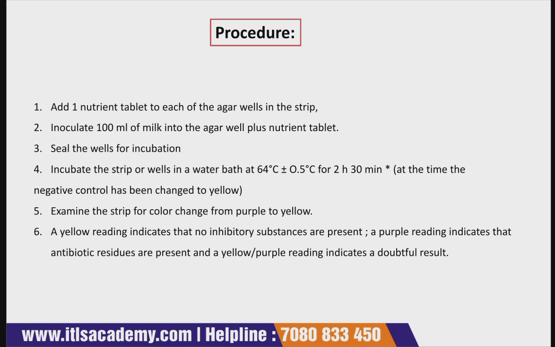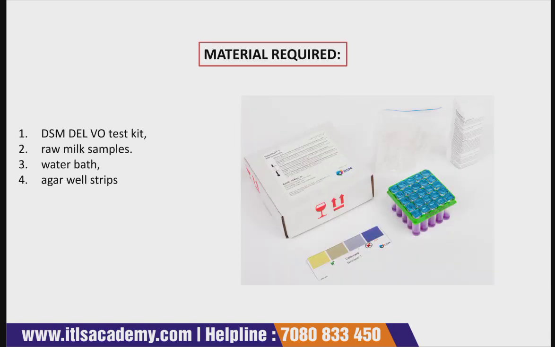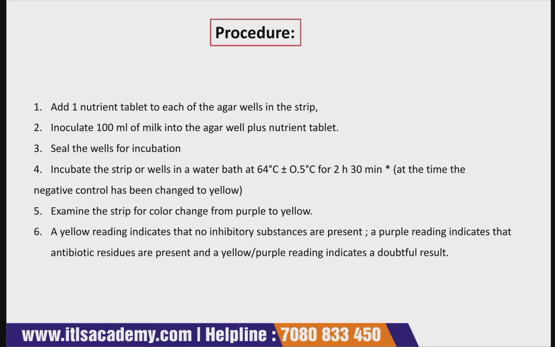The procedure says you first add one nutrient tablet to each of the agar wells in the strip. As you can see, these are the agar wells, so you add one nutrient tablet to each agar well in the strip. After adding the nutrient tablets, you inoculate 100 microliters of the raw milk into the agar well that already has the nutrient tablet.